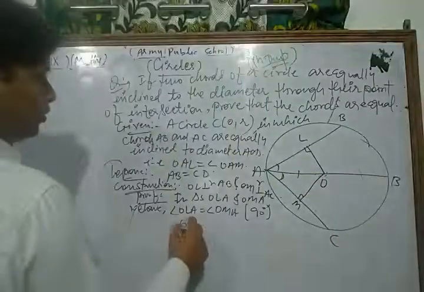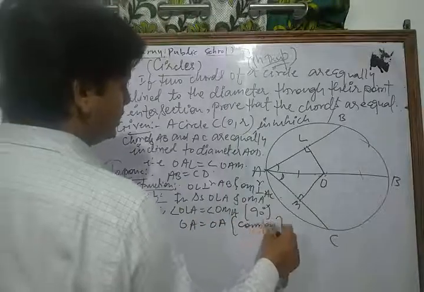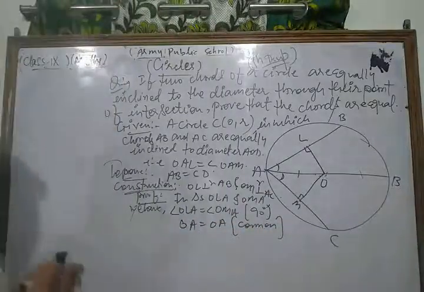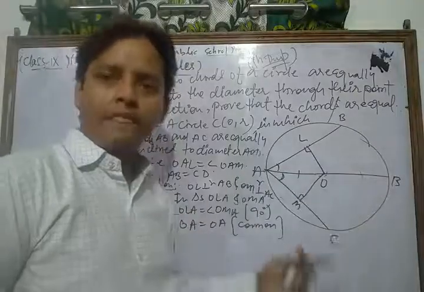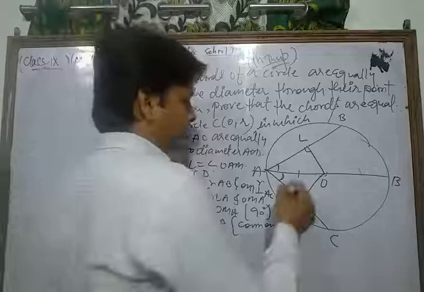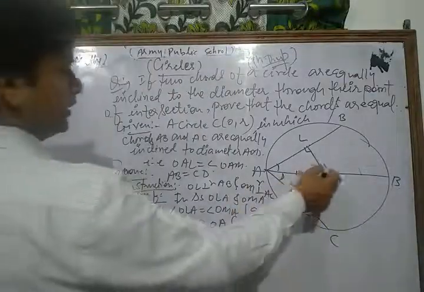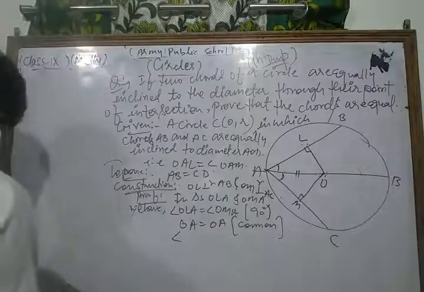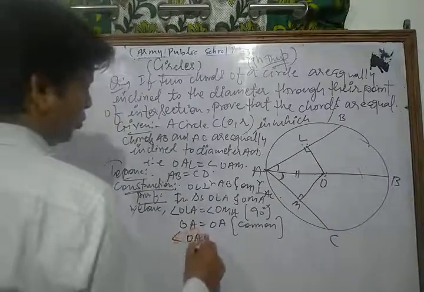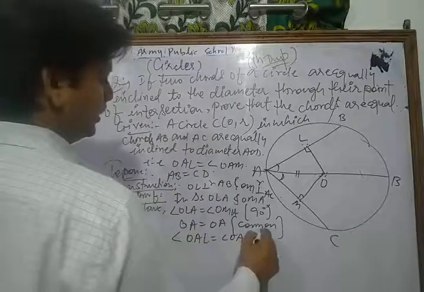OA is equal to OA. This is the common side to both the triangles. And angle OAL is the same as angle OAM. This is given.